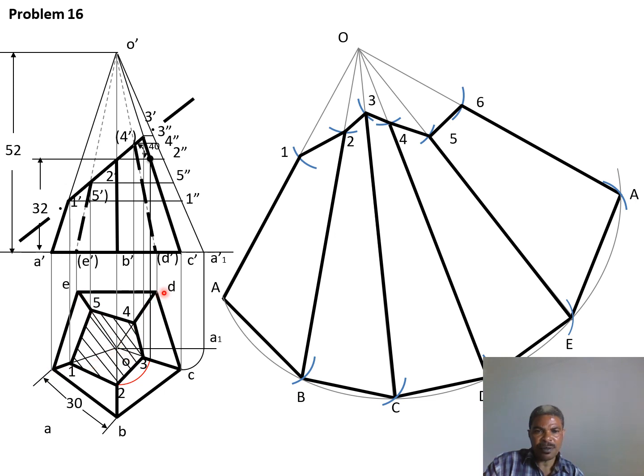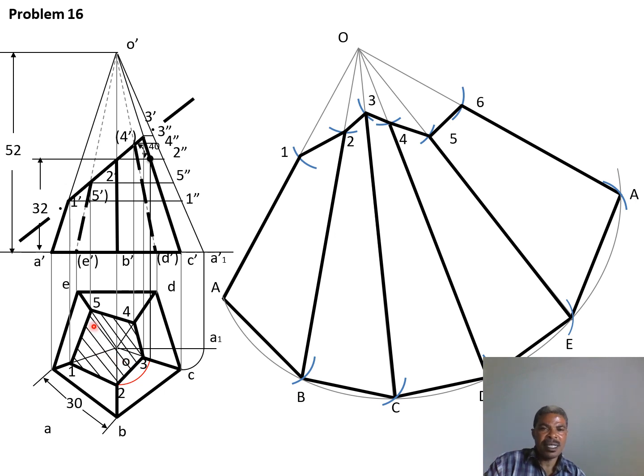As you can see, from D to O, E to O, then A to O, B to O, and C to O. These lines will help you understand how it looks when it comes to a plan.